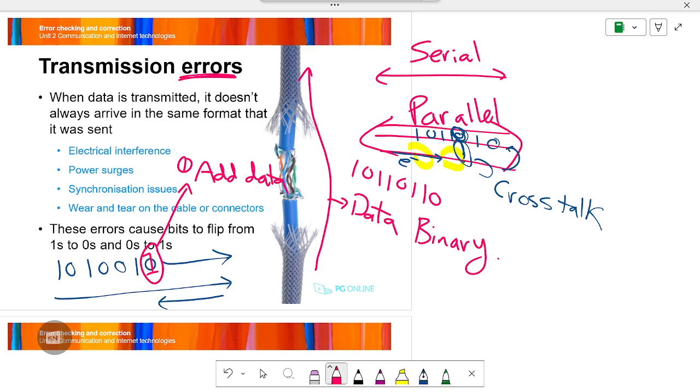We can also, if you have a 1 and the 1 变10, this is called to lose data. For example, 一个1变0 or 0变1, this is to add data. If something becomes a 0, it's loss of data. Okay?